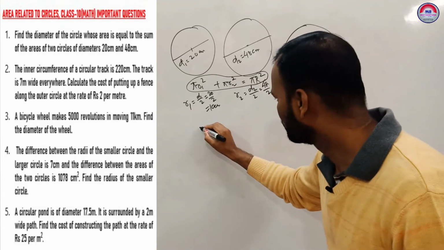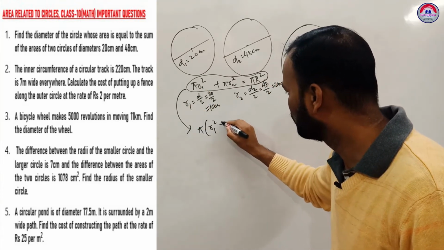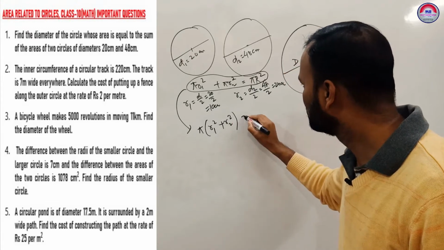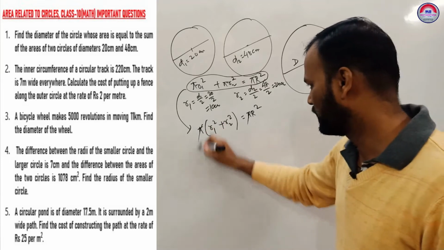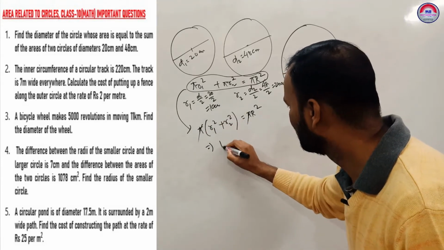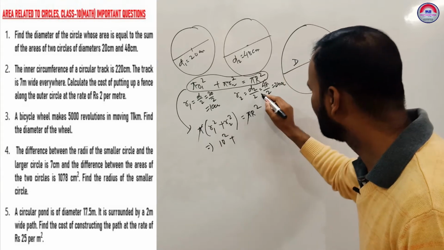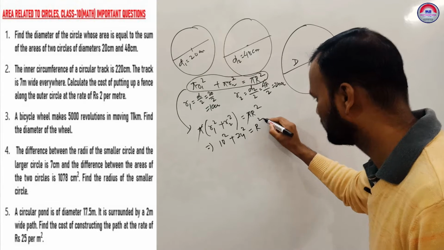Now if we take pi common, so pi R1 square plus pi R2 square is equal to pi R square. Now you see, pi cancels. Here R1 is 10, so 10 square plus R2, 24 square, is equal to R square.